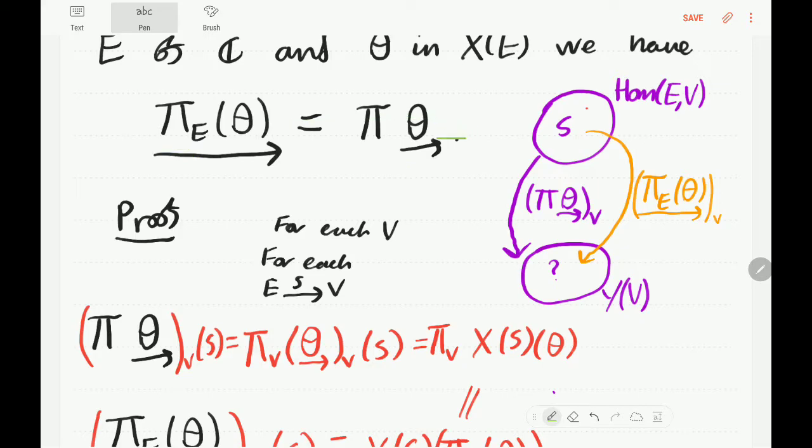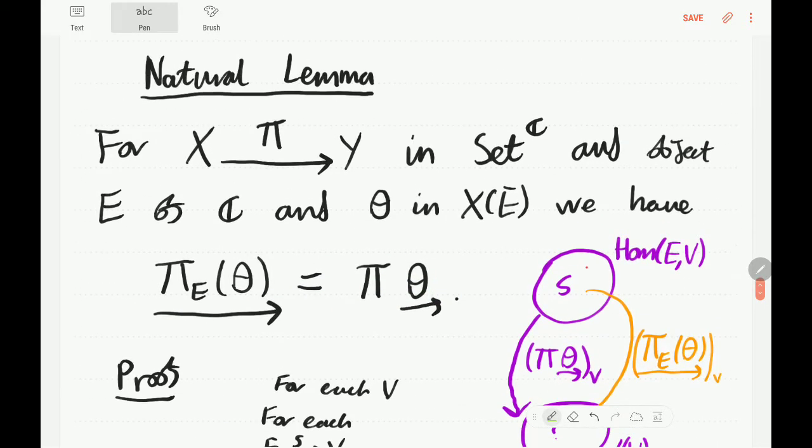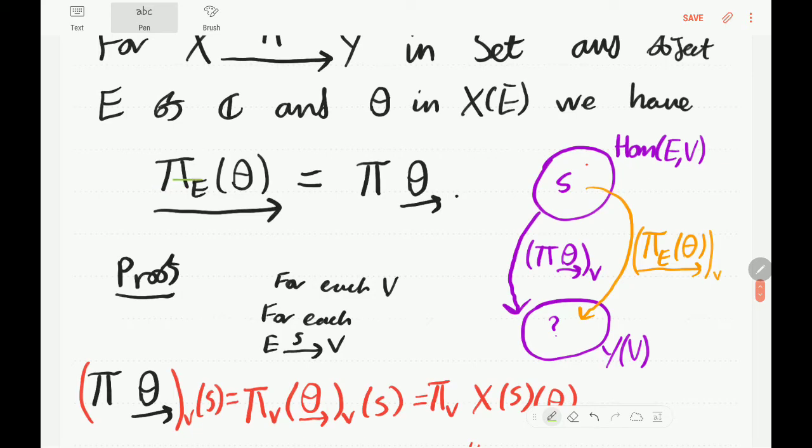Okay, so basically then, to prove this natural lemma, what we want to do is to show that these two natural transformations here are equal. So to do this, we're just going to look at an arbitrary component of these natural transformations. We'll look at the V component of these natural transformations, and then we're just going to be comparing two functions. And once again, if we can just show that those two functions work the same way for an arbitrary element of their source set, then we'll be done.